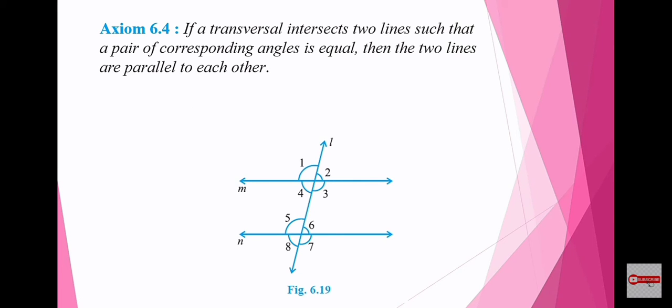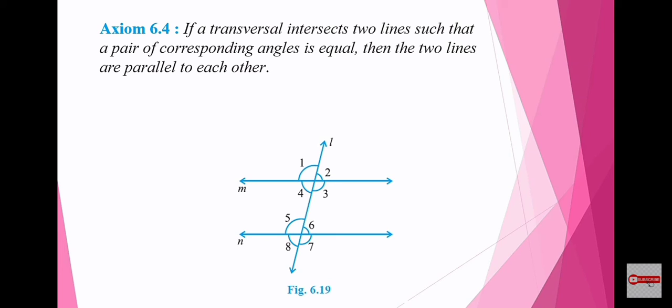Next, axiom 6.4 states that if a transversal intersects two lines such that a pair of corresponding angles is equal, then the two lines are parallel to each other. This axiom is the converse of axiom 6.3, that is, it is just the opposite of axiom 6.3.